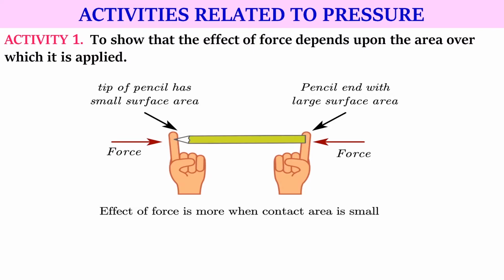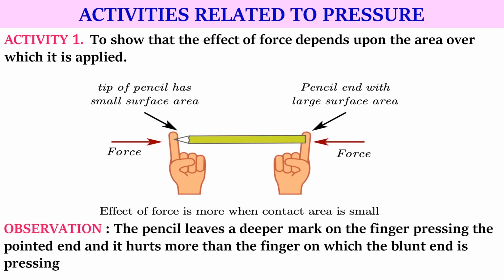Yes, the reason is the tip of the pencil has small surface area as compared to the pencil end with large surface area. So, what we have understood from this activity? We have understood that the pencil leaves a deeper mark on the finger pressing the pointed end, and it hurts more than the finger on which the blunt end is pressing.